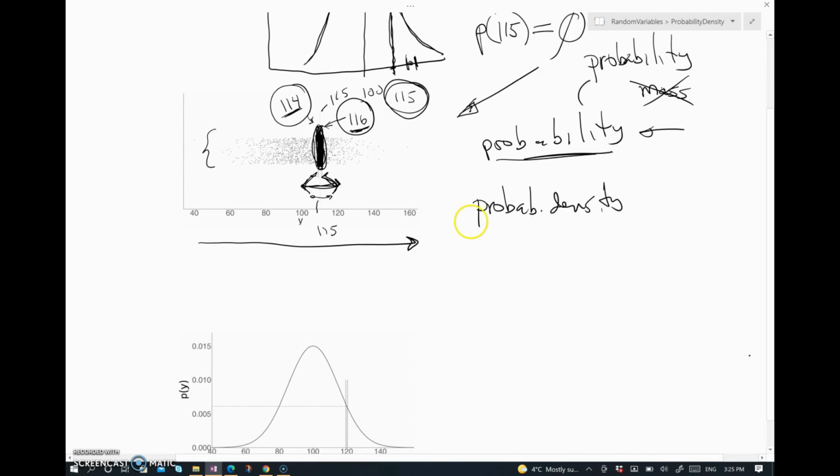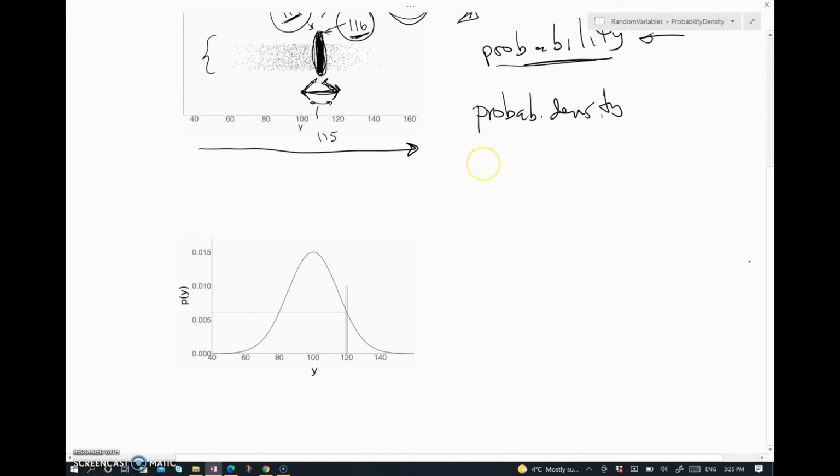So now if we come down here and look at a normal distribution, we can understand what this value means. What does that number, something between 0.005 and 0.010, mean? I can draw a thin line centered on 120, and on either side, I've got these longer vertical lines.